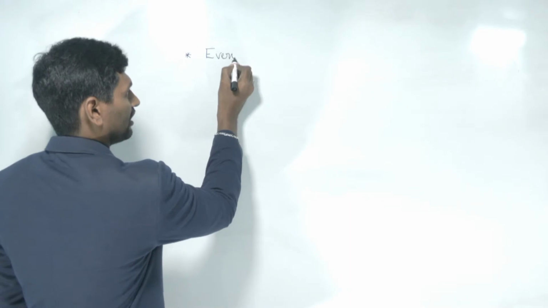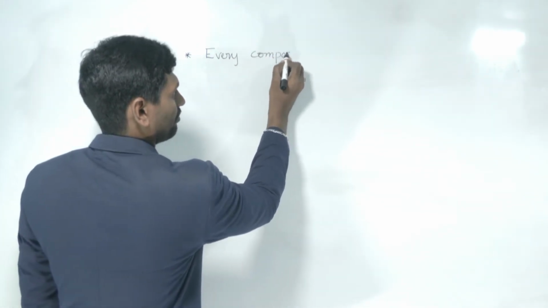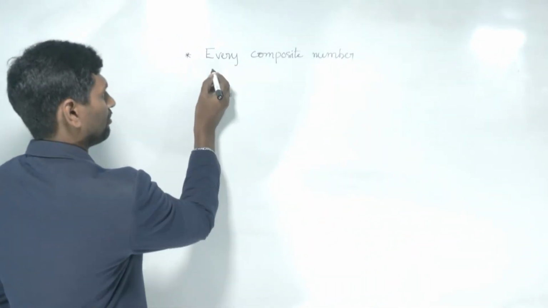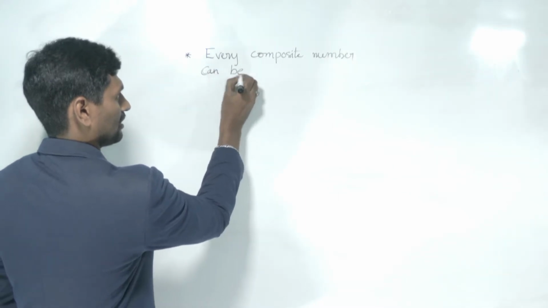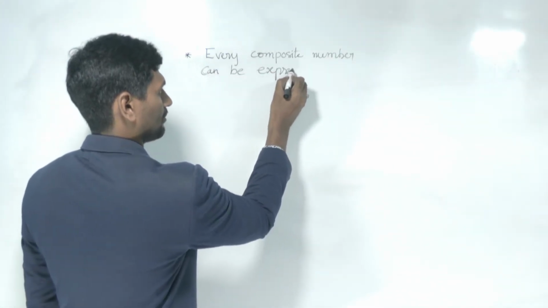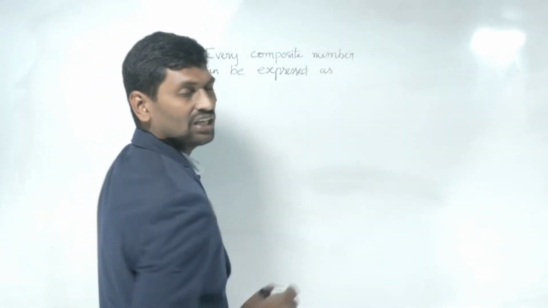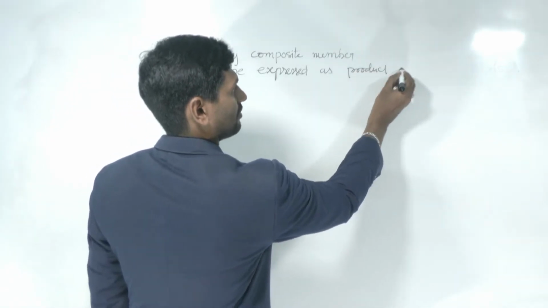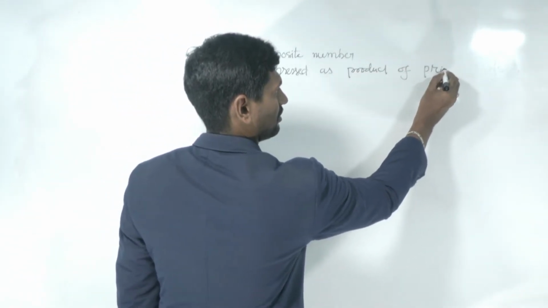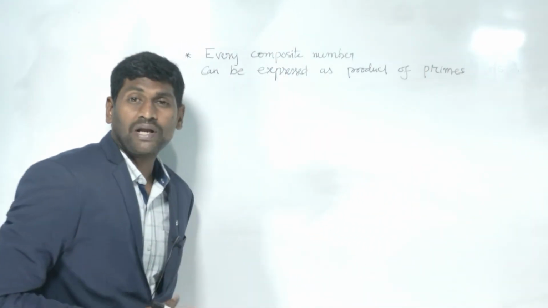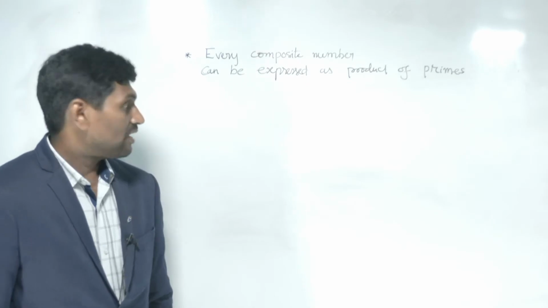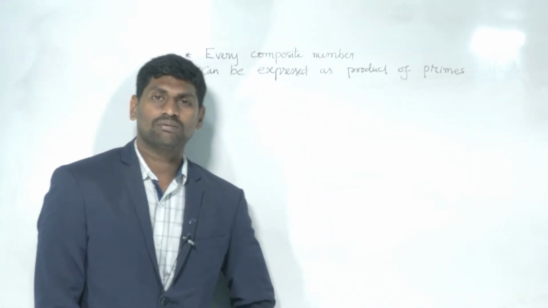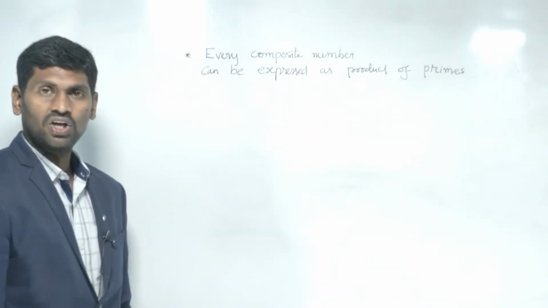So every composite number can be expressed as a product of primes, and the prime factorization is unique. This statement is called the fundamental theorem of arithmetic. Okay?